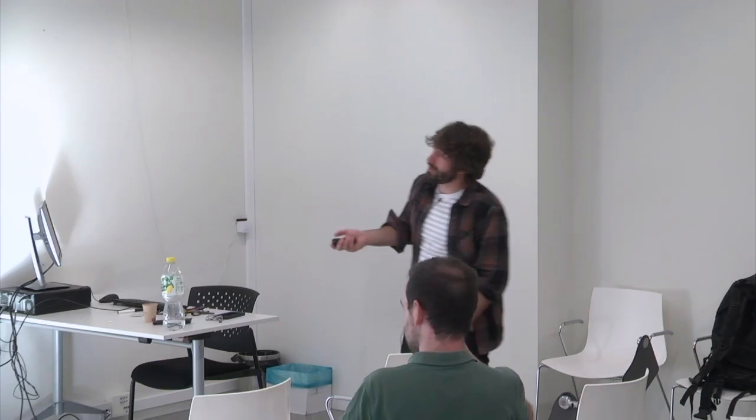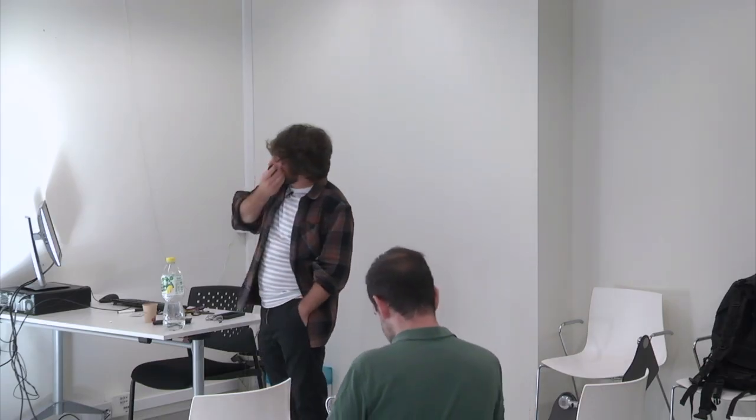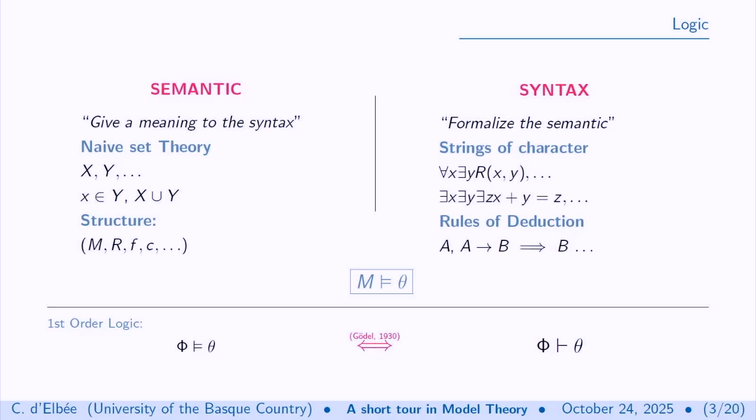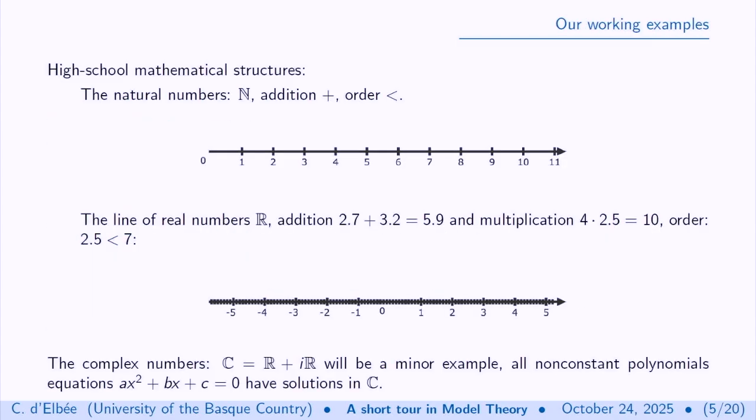And actually, I think you said it all. You need a sort of naive set theory. Maybe you can be more precise on what you need. Maybe you only need these things.